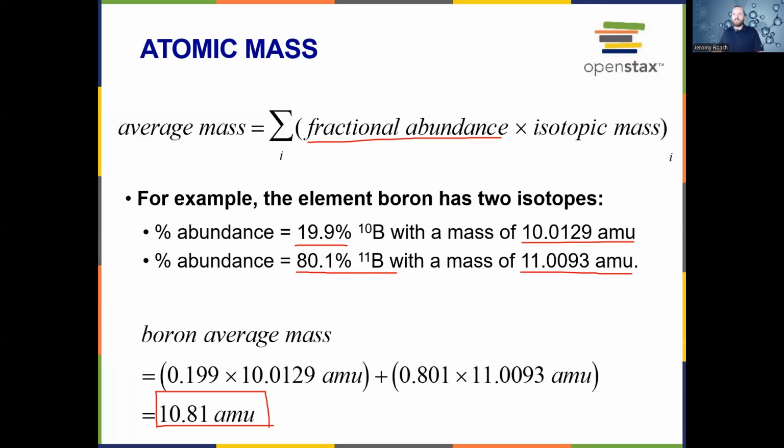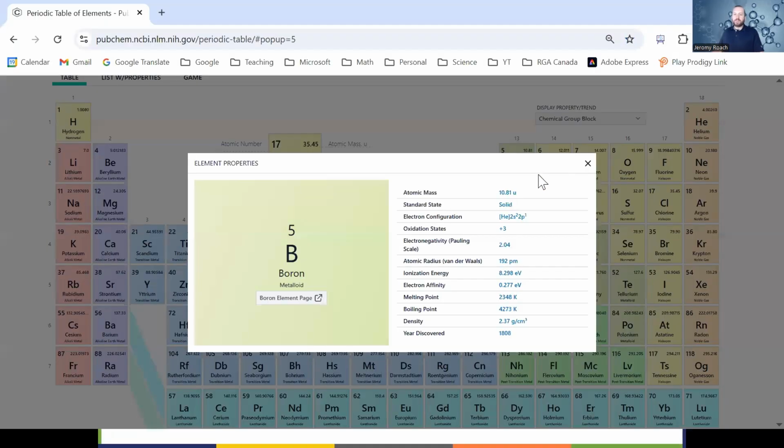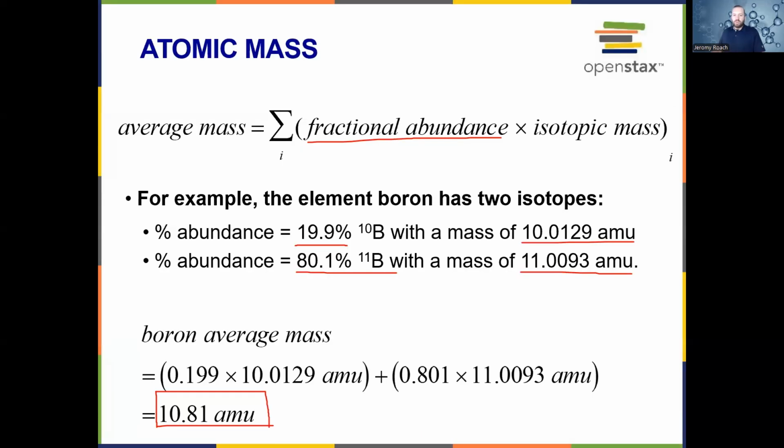If we check this on the periodic table, let's take a look at what boron tells us when we just click on it. Here it says boron has 5 protons and an AMU of 10.81. So let's see how they're able to calculate that. Boron 10 has an abundance of 19.9%, and its AMU is about 10.